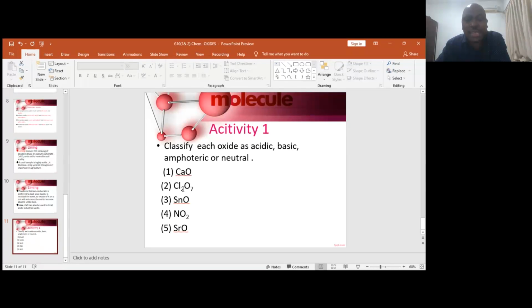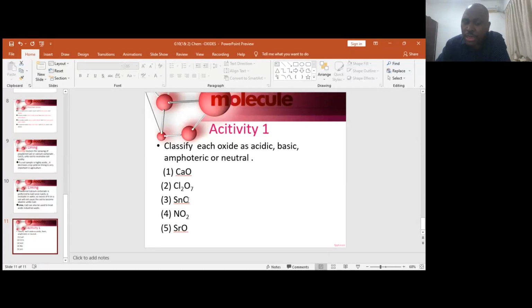The second one is acidic because chlorine is a non-metal. The third one is amphoteric because tin is one of those amphoteric metals. And tin is a metal. So why can't we call number three a neutral oxide? It is not a neutral oxide even though it has one oxygen.